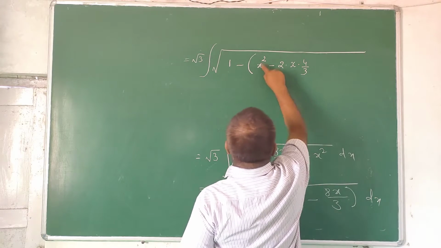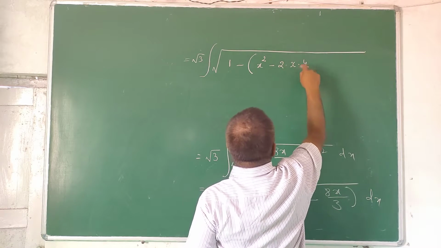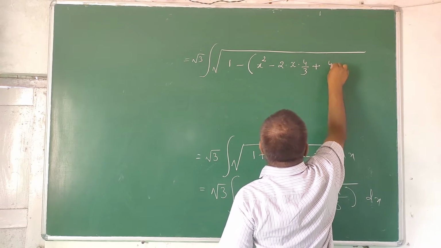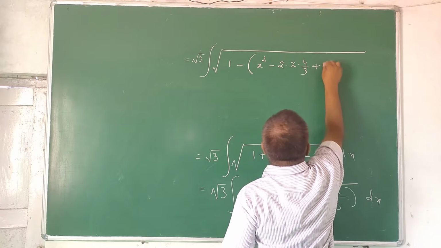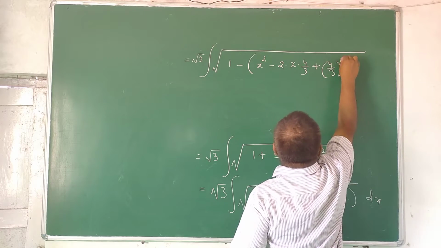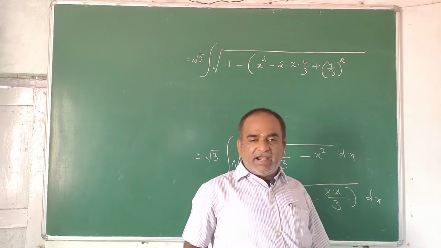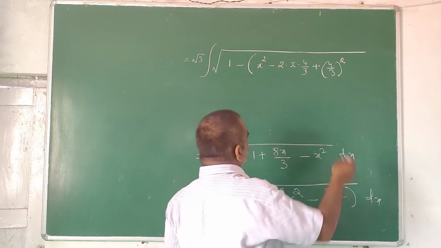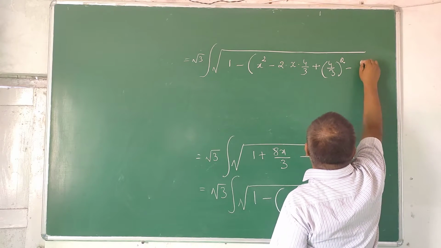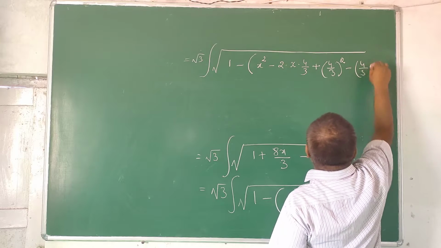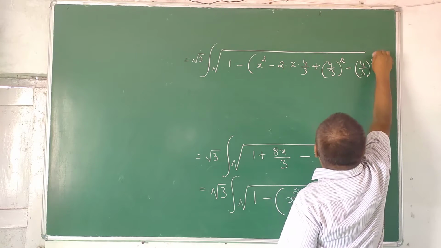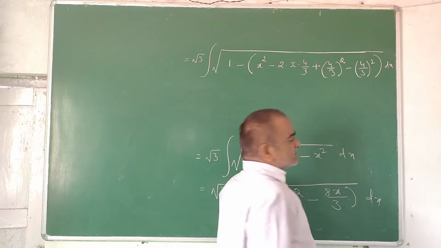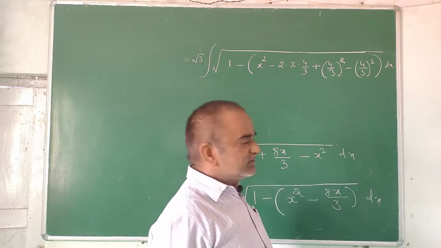So this is in the form of a square minus 2ab. Now plus b square. So plus 4 by 3 whole square. So we added 4 by 3 whole square. Now we have to subtract 4 by 3 whole square. So minus 4 by 3 whole square dx.